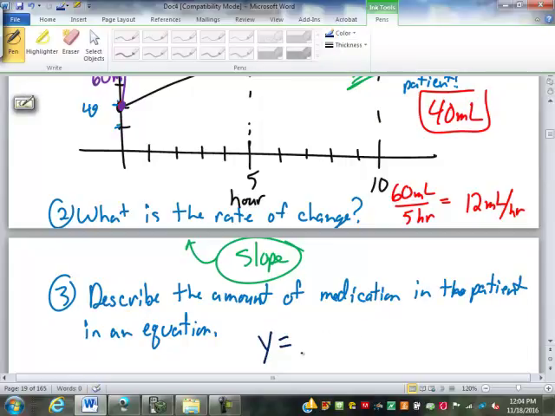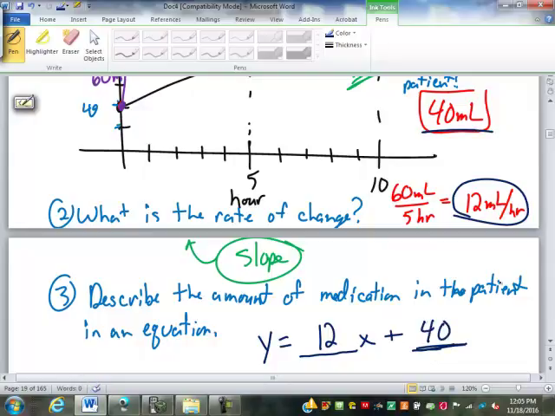Remember, it's y equals slope times x plus my y-intercept. So what's going to go in front of x? The slope, 12. Now I could write 12 milliliters per hour times x, but I don't need the units in there. What's going to go in here for the y-intercept? 40. So that equation describes the amount of medication in the patient.